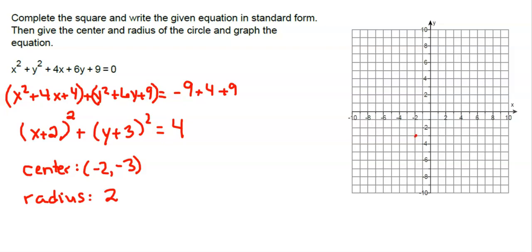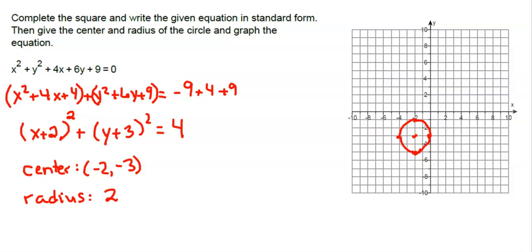So this is the center. And then since the radius is 2, we can go 2 to the right, 2 down, 2 to the left, and 2 up from there. And that gives us 4 points on our circle, so we can sketch in the circle by connecting those 4 points together.